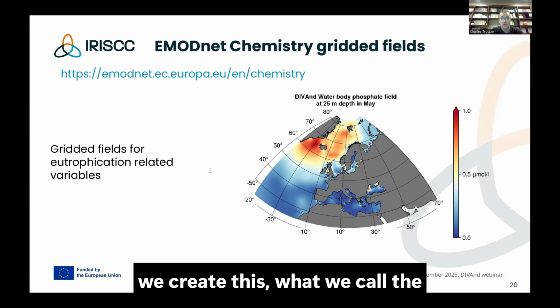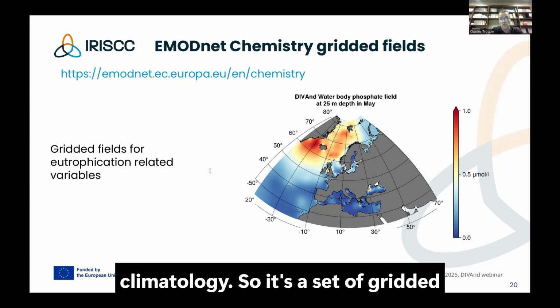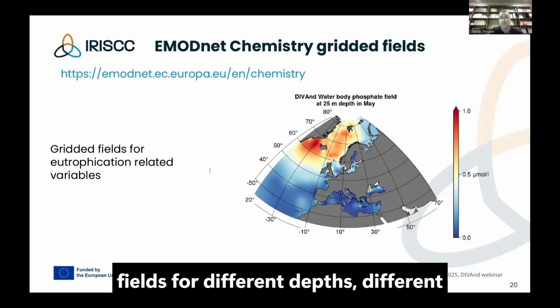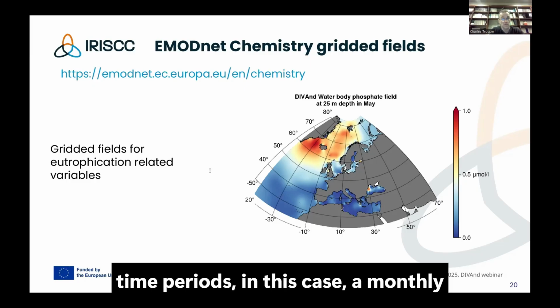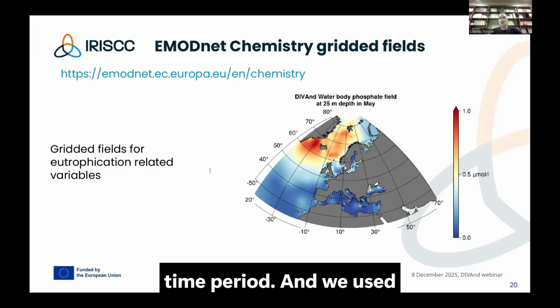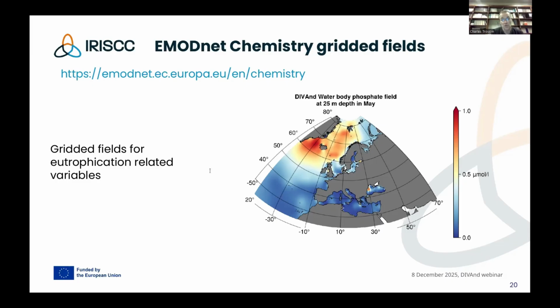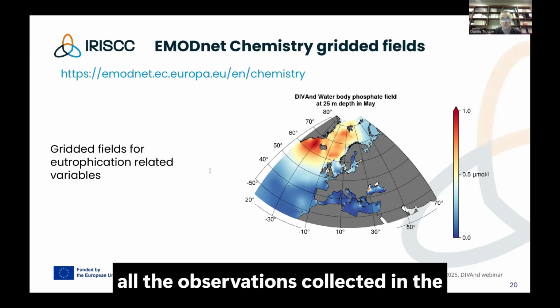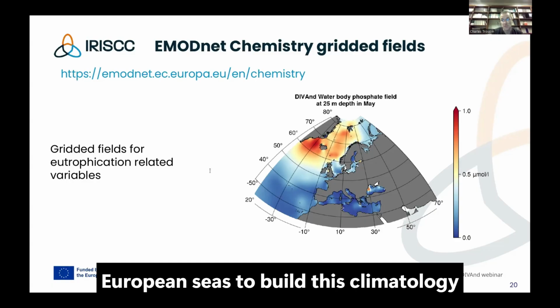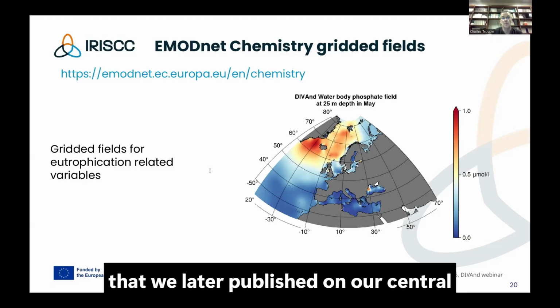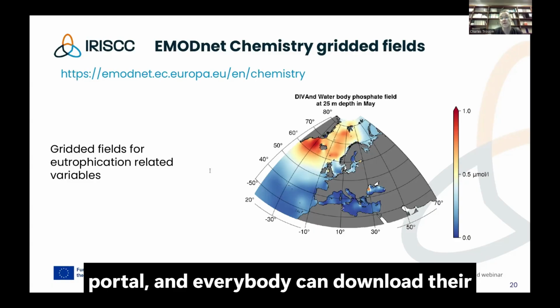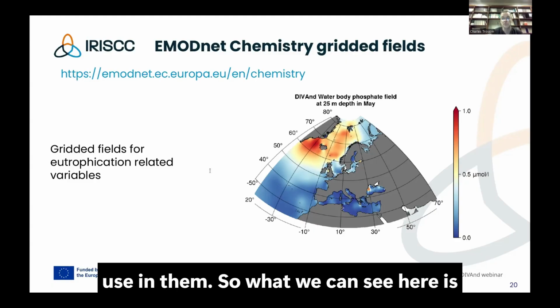So what we do is create what we call the climatology. It's a set of gridded fields for different depths and different time periods, in this case, monthly. We used all the observations collected in the European seas to build this climatology that we later published on a central portal, and everybody can download and use them.